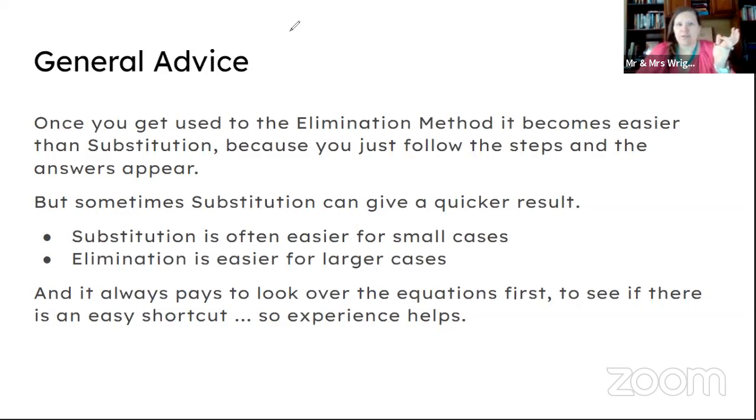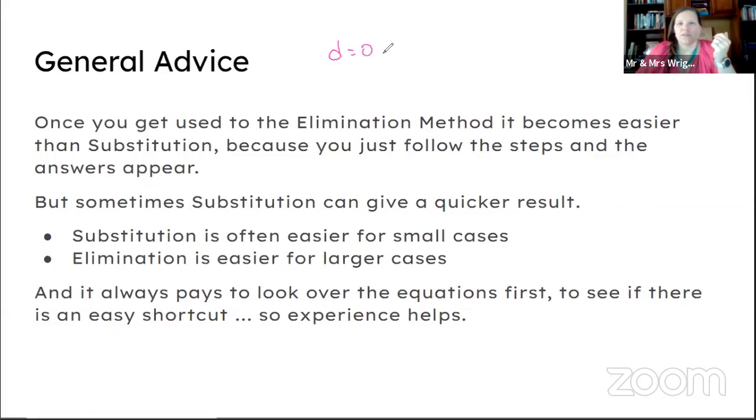Substitution is easier when you have something like what we had at the beginning, d equals 0.2t and d equals 0.5t minus 6. When you have something like that, substitute, take this and plug it in for that. Same as setting them equal to each other, right?